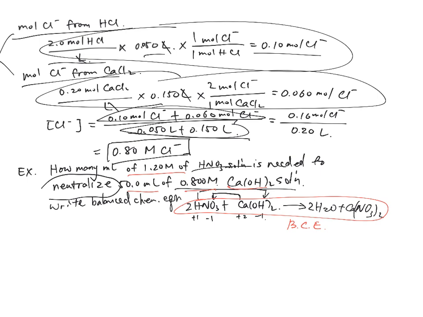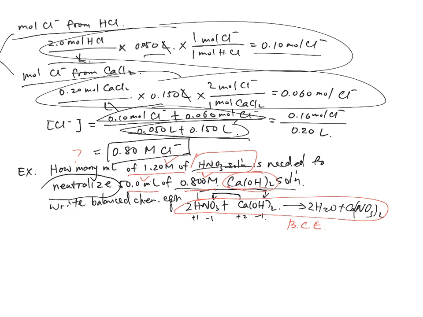First of all, for the acid solution, I know the concentration and I want the volume. What about the base solution? I know the concentration and I know the volume. So, how should I handle this?